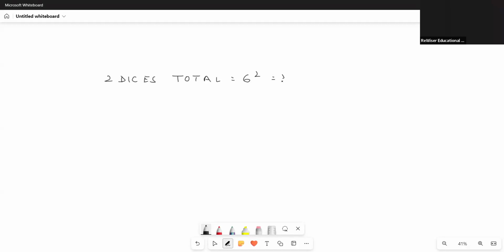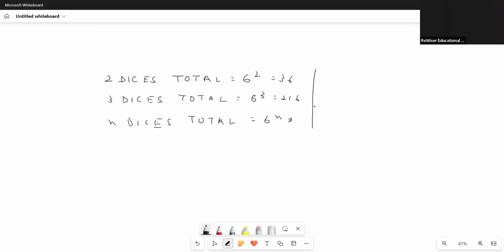That means 36. Similarly, if 3 dice are thrown, then the total number has to be 6 cubed, which is 216, and it goes on. So if n dice are thrown, the general formula says that the total number should be equal to 6 to the power of n.